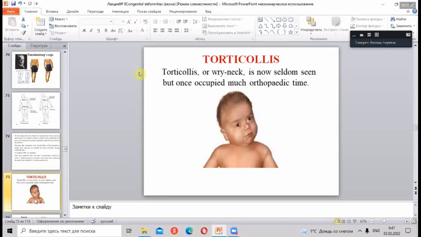Torticollis. Torticollis, or wry neck, is now seldom seen, but once occupied much orthopedic time.